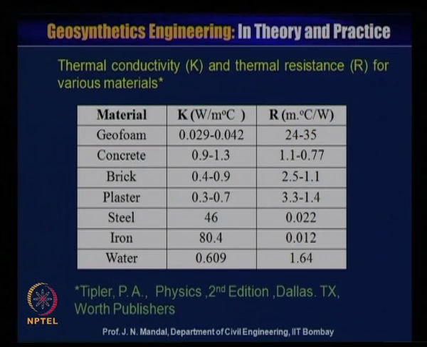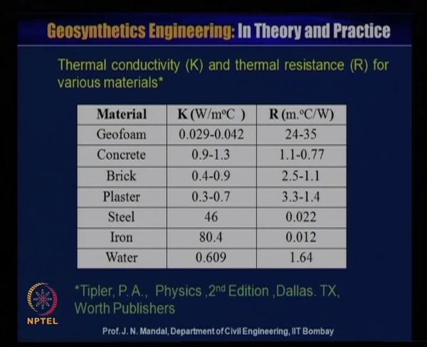So, you can see here in this table the thermal conductivity K and thermal resistance R for various materials. For a material like geofoam, the thermal conductivity K value lies between 0.029 to 0.042 watt per meter degree centigrade, and thermal resistance R varies from 24 to 35 meter degree centigrade per watt.